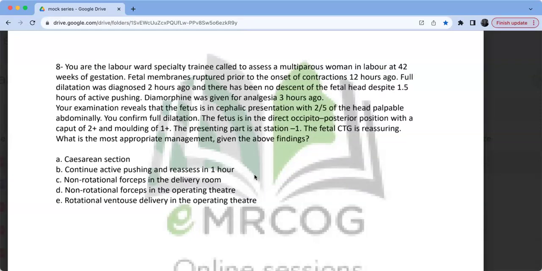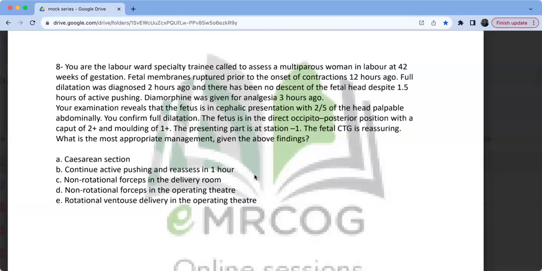Your examination revealed that the fetus cephalic presentation was 2/5 of the head palpable per abdomen. You confirm full dilatation. Fetus in the direct occipito-posterior position with a caput of 2+ and molding 1+. Presenting part is at station -1. The fetal CTG is reassuring. What is the most appropriate management given the above options?